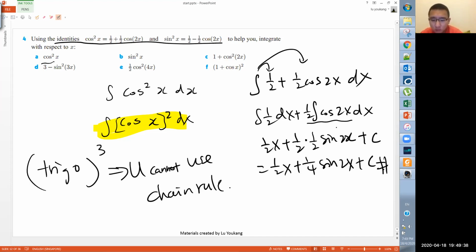So remember, when you have trigo to the power of more than 1, you cannot use chain rule. You need to use the identities over here. So I will pass it to you.